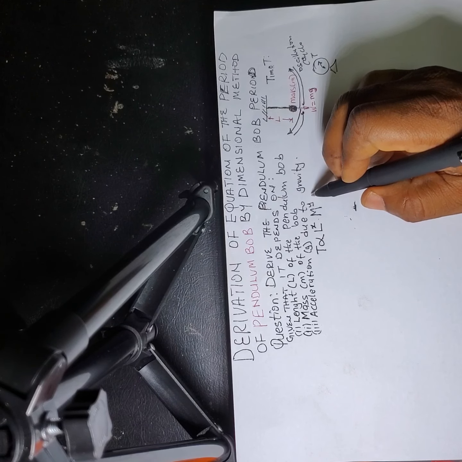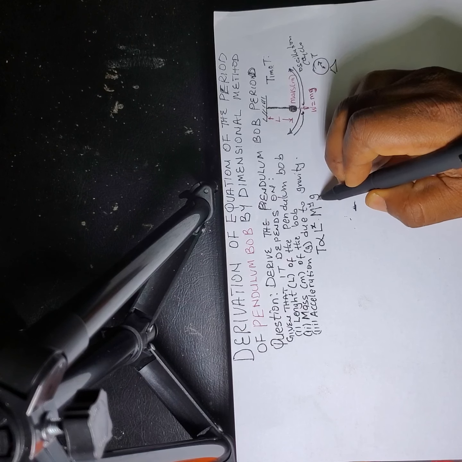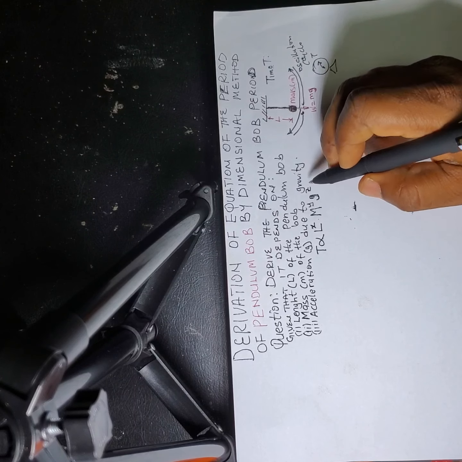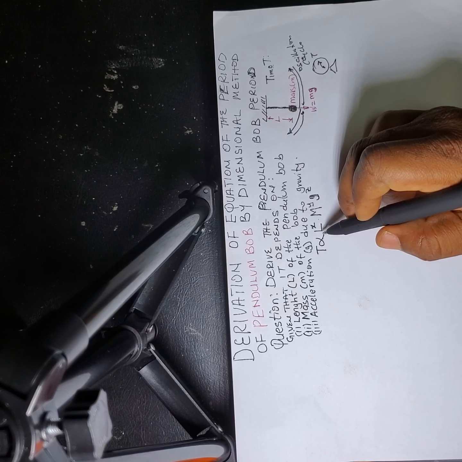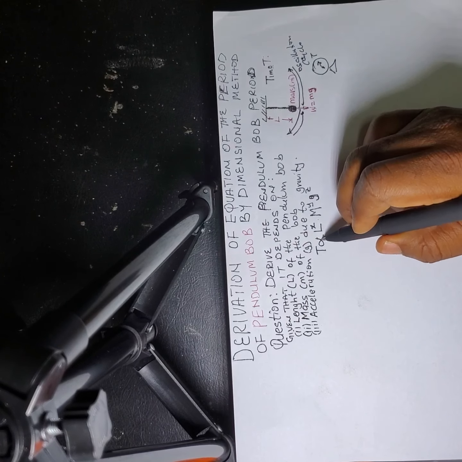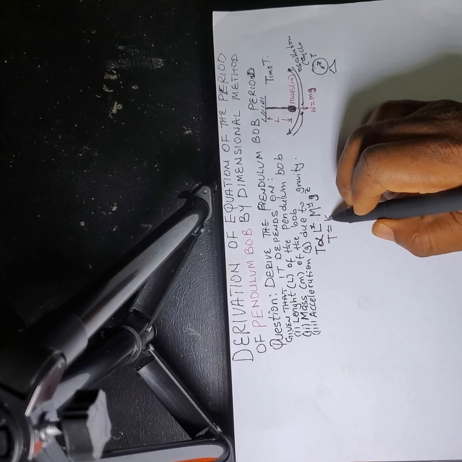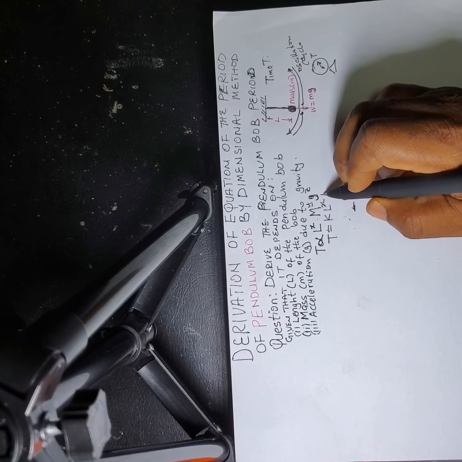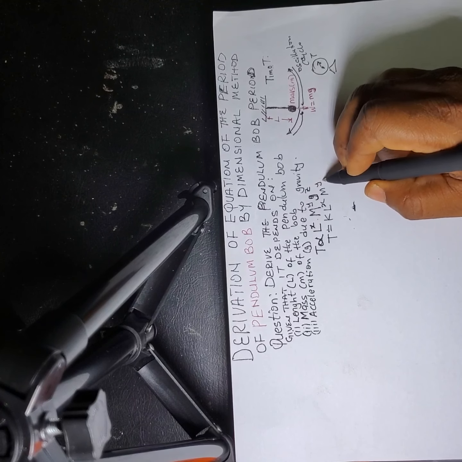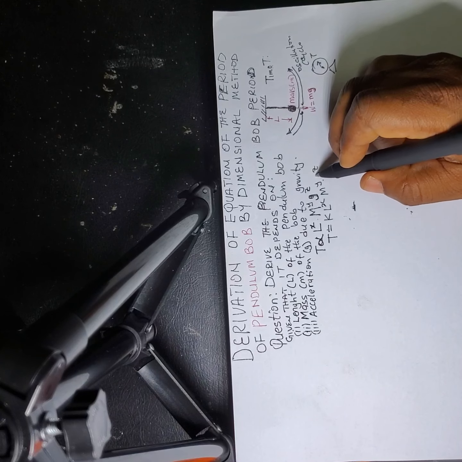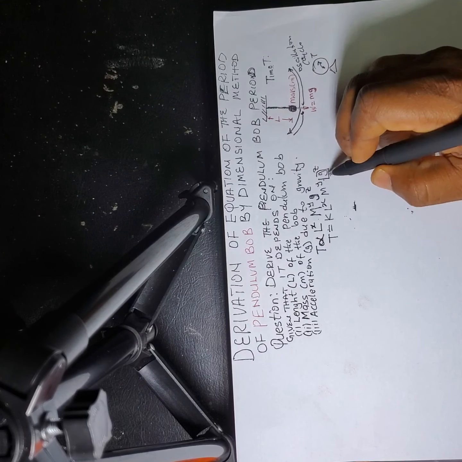Let's call this one g raised to power z. So if you remove this proportionality symbol, we are going to have t equals k L raised to power x, m raised to power y, then times g raised to power z. And then this particular g, we need to write it in dimensional form.